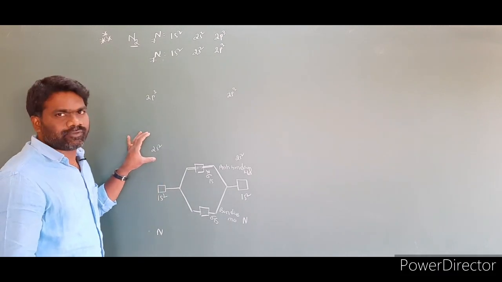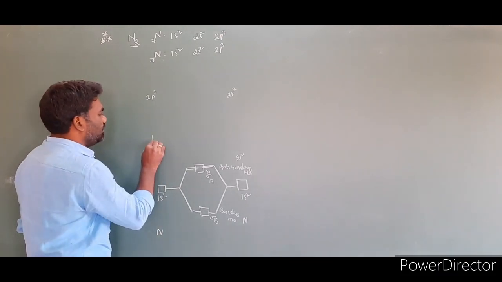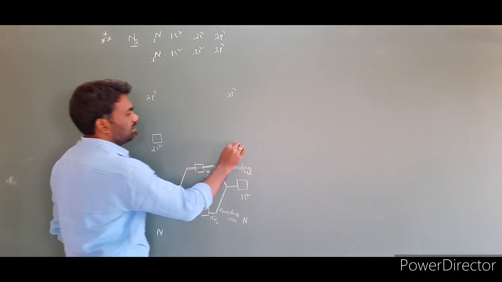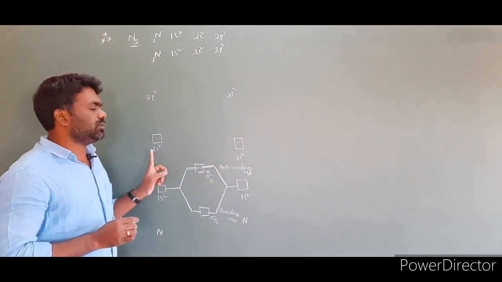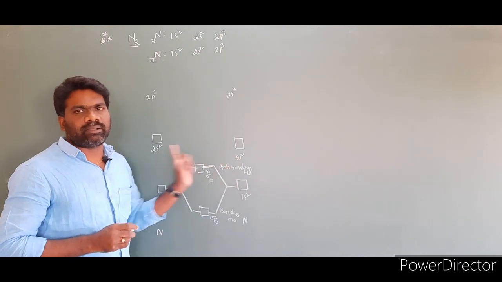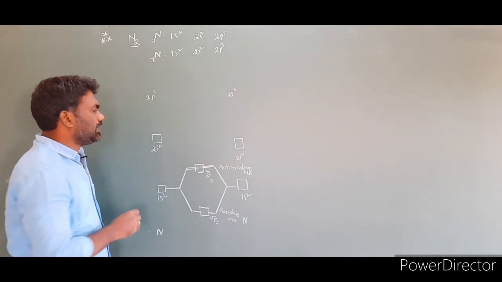Then coming to the second one, the 2s2 orbital. I am writing its orbital diagram. This 2s2 orbital combines to form molecular orbitals.